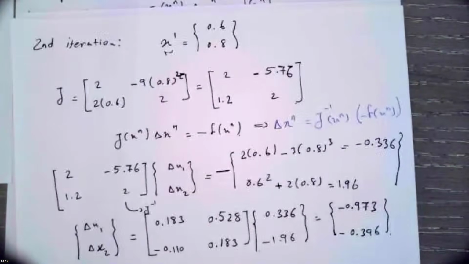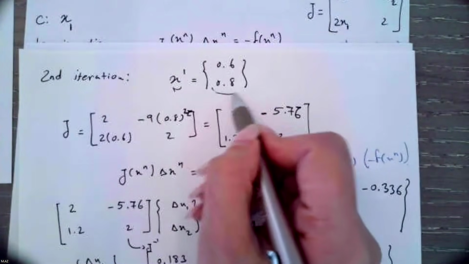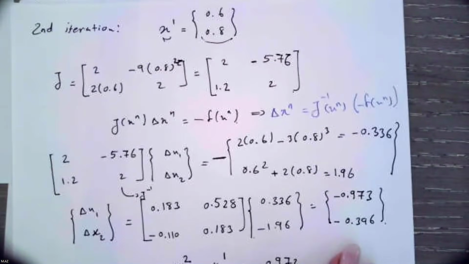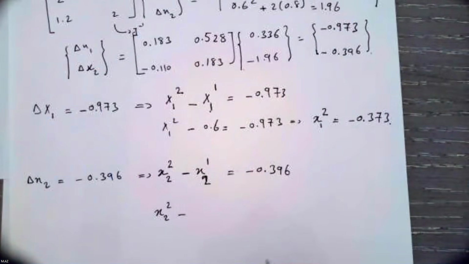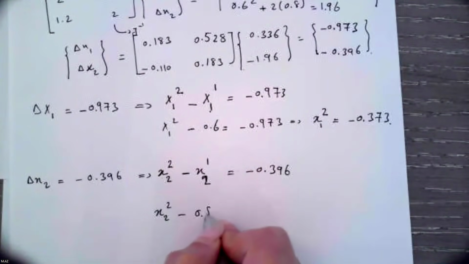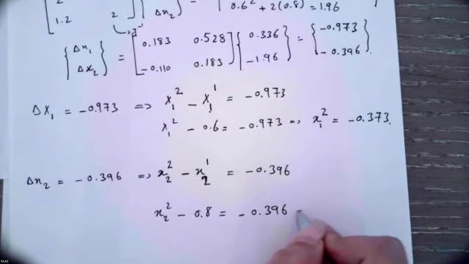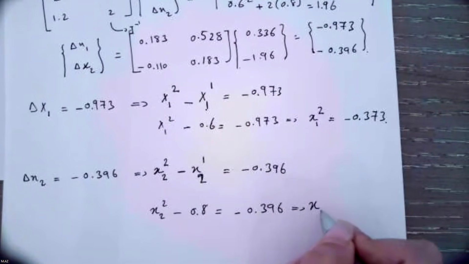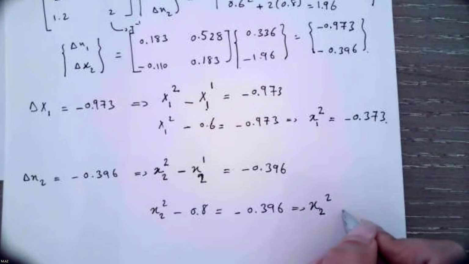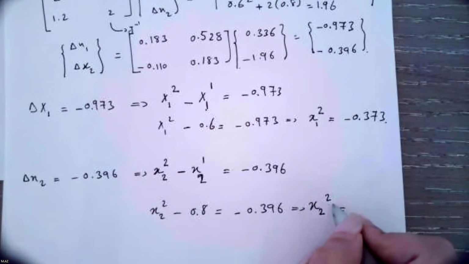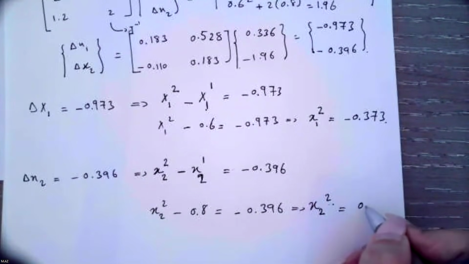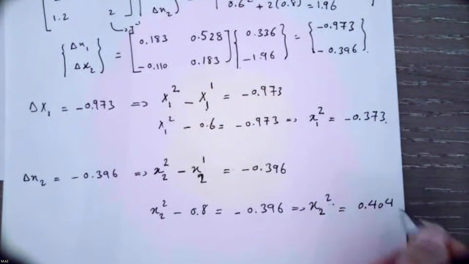The value of x2 for the first iteration is 0.8. Once we solve this one, the value of x2 for the second iteration is 0.404.